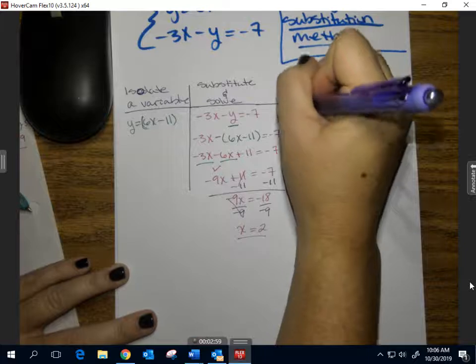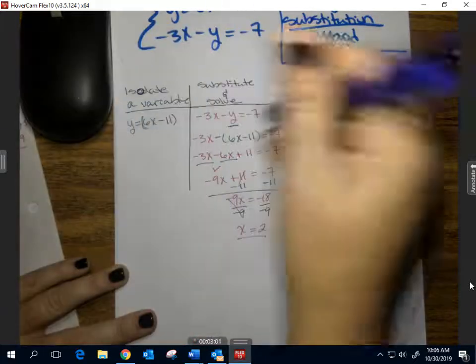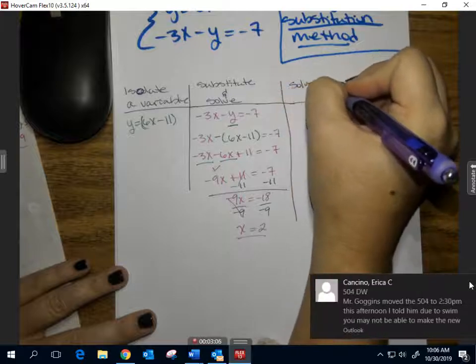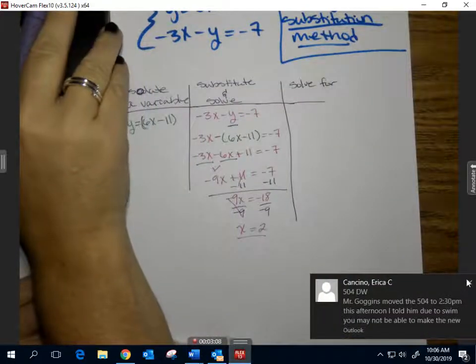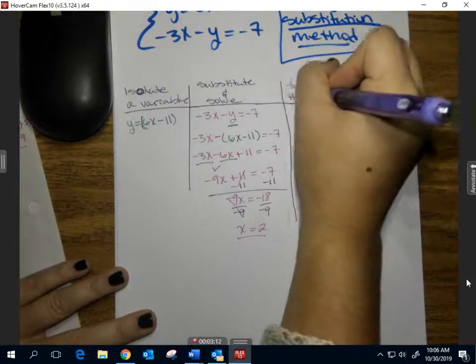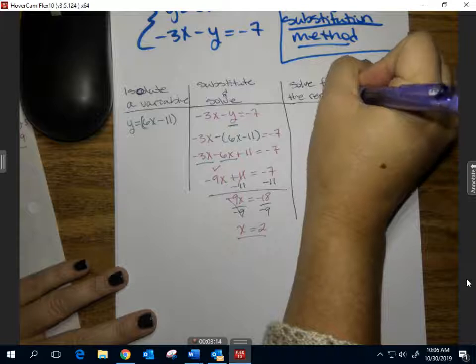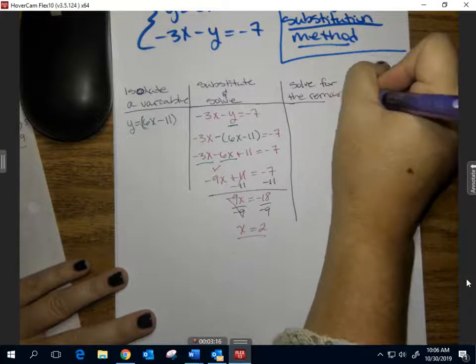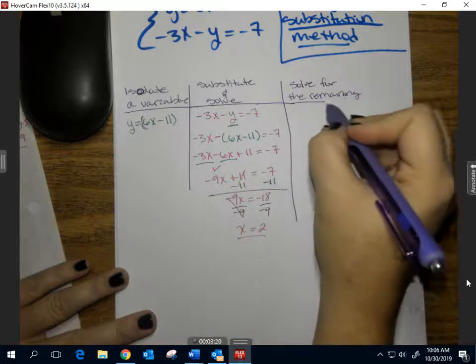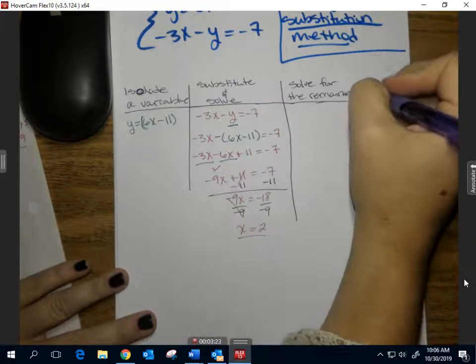So the last step, we're going to solve for the remaining variable.